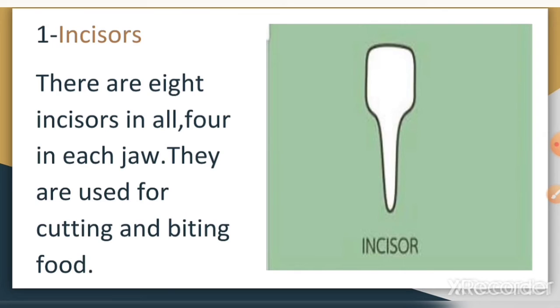Whenever you sink your teeth into something, such as an apple, you use your incisor teeth. Incisors are usually the first set of teeth to erupt, appearing at about 6 months old. The adult set grows in between the ages of 6 and 8.